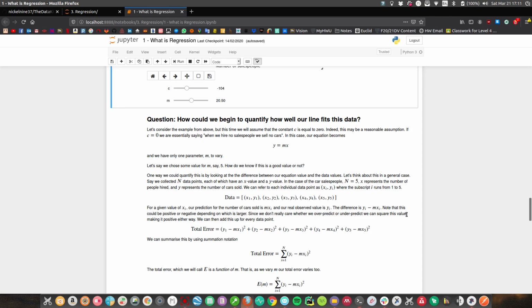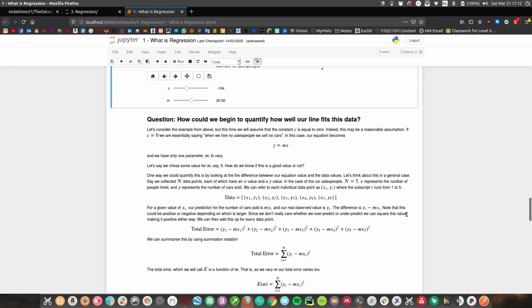There might in general be different ways of deciding how good or bad those values are. But one very commonly used way is to look at something called the total squared error. Okay, and this is quite an important concept. You'll see it all over the place in data science. So it's worth understanding now how this works.